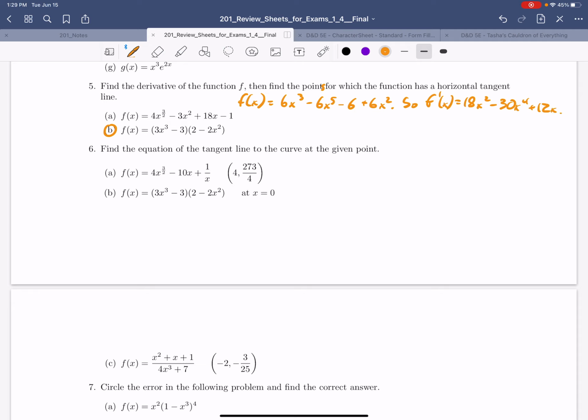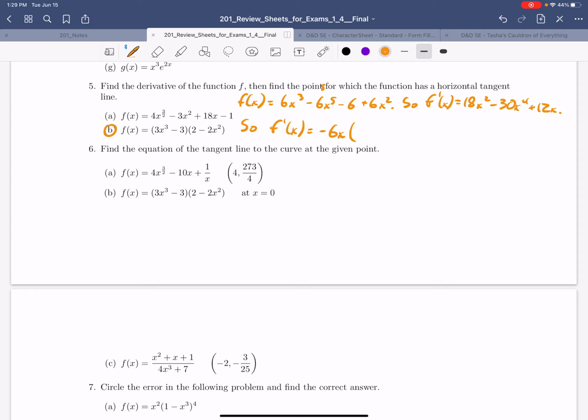Okay? Let's factor as best we can because we want to set it equal to 0. Actually, maybe let me not write it equal to 0. I'll say f prime of x equals... I'm going to factor out a negative 6x.